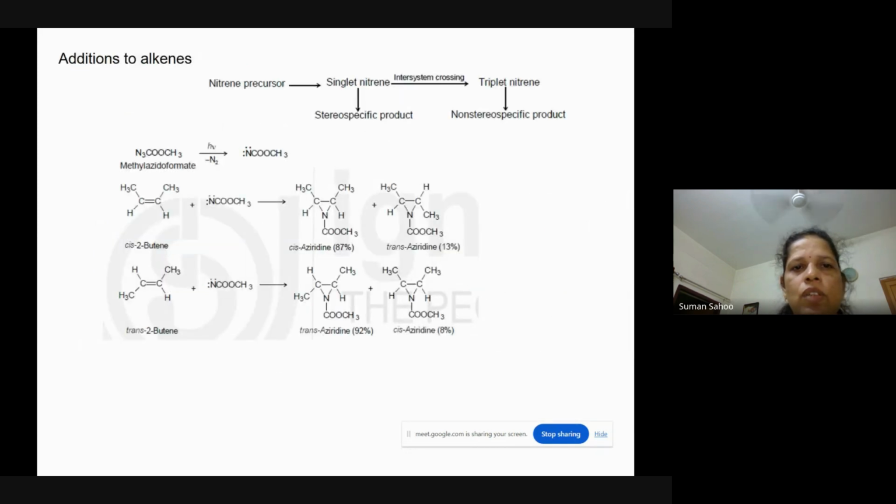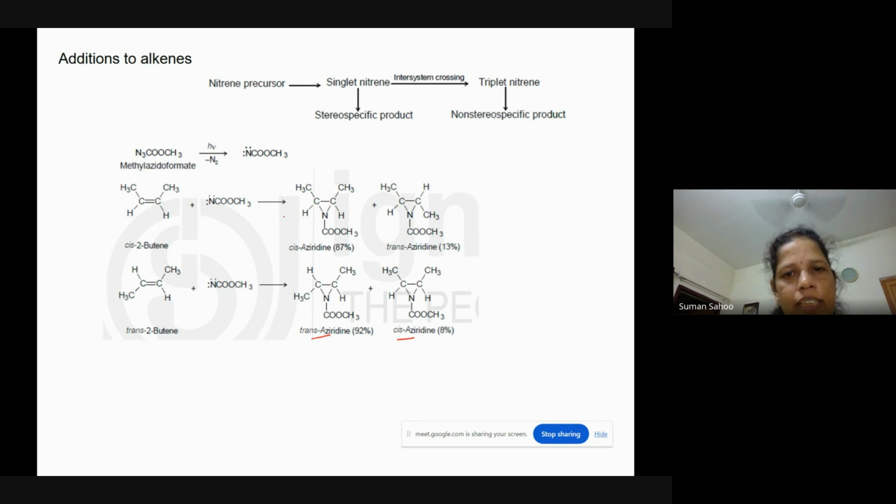Addition to alkenes. When these nitrenes are added to alkenes, the cis gives you cis and trans, and the trans butene also gives you a mixture of trans and cis. The reason is that it can go with either singlet nitrene or triplet nitrene.